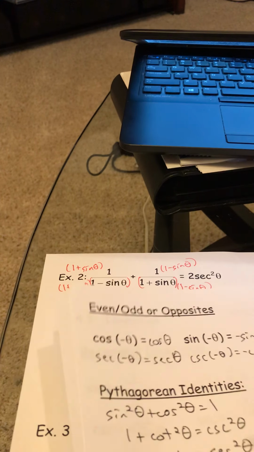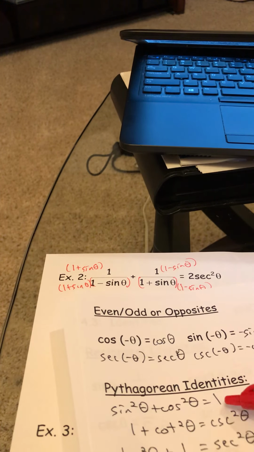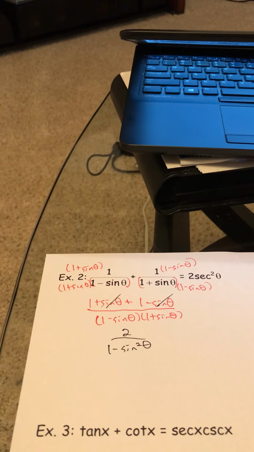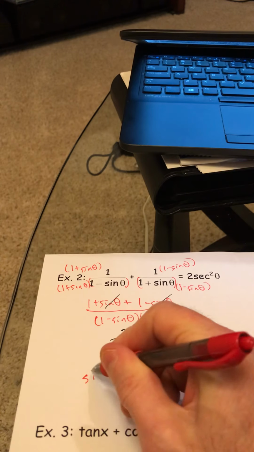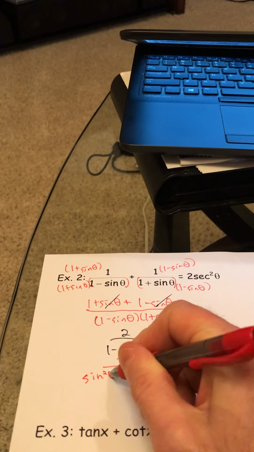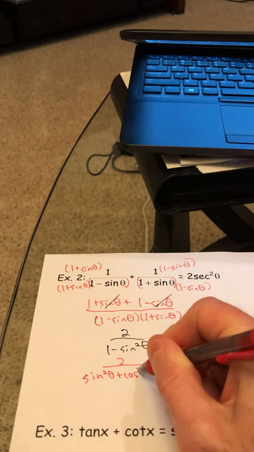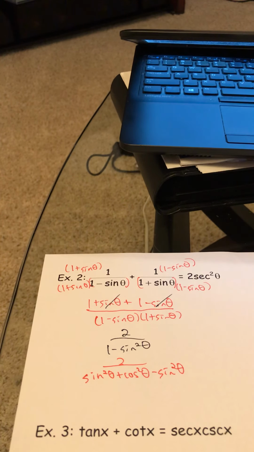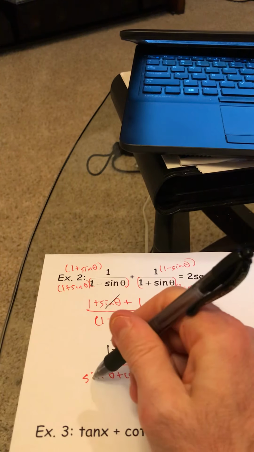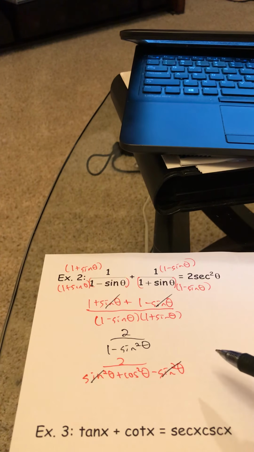So I just will use sine squared plus cosine squared equals 1. So in place of the 1, I have sine squared plus cosine squared minus sine squared, which again allows us to now cancel out the sine squareds.